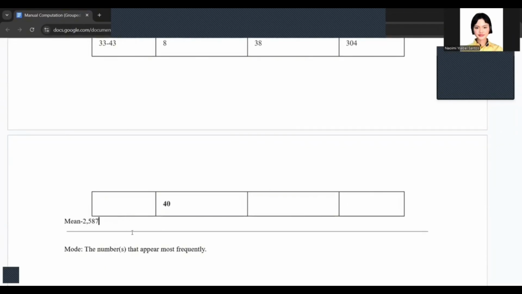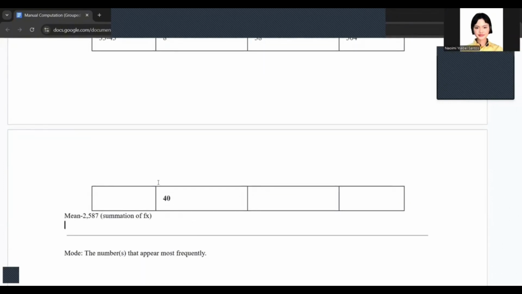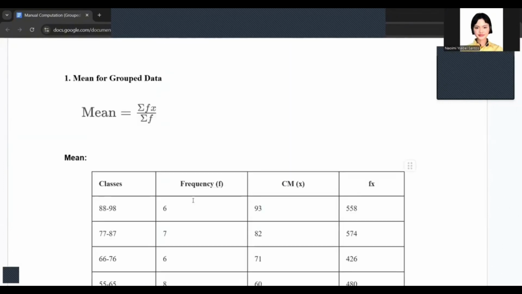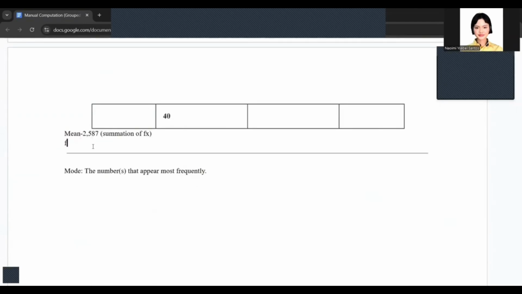And after we got the summation of fx, we will divide it by n, or our summation of f, which is 40. The total number of frequencies equals 40.